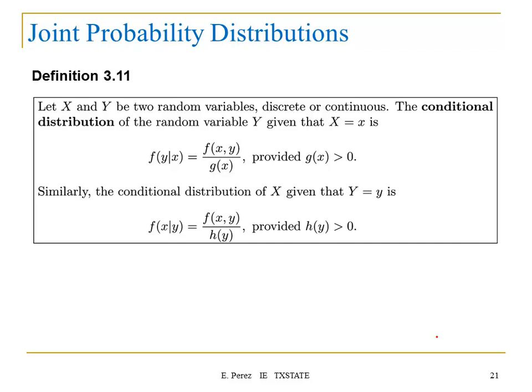Same thing for x given y. The only thing that changes is that instead of x given, you have y, and you use the marginal distribution of y. So this is a concept that we already know, and we have extended it to the joint probability distribution.